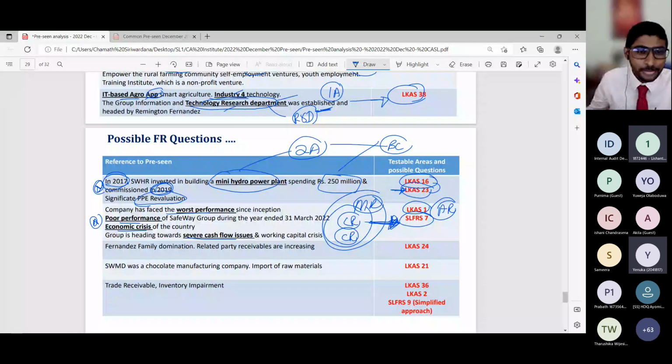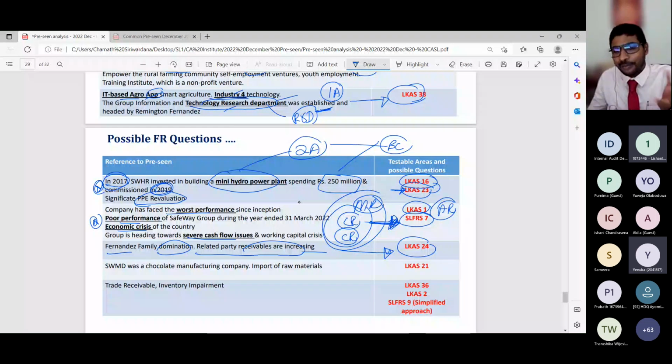Here, the other one is that the Fernand's family has domination, right? And related party receivable is also increasing. That is also one of the reasons I can tell LKS 24, related party transactions, might be tested. Normally in a family business, when it comes to related party transactions, there might be some issues. Here, the family dominates the company, so the related party might have some issues.